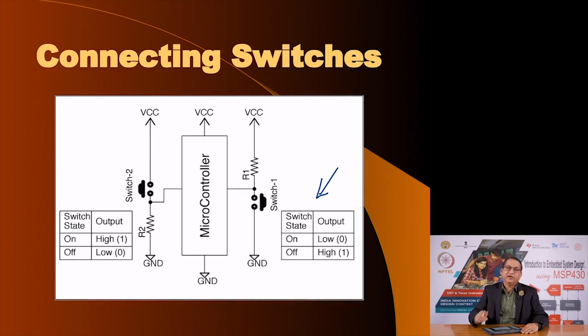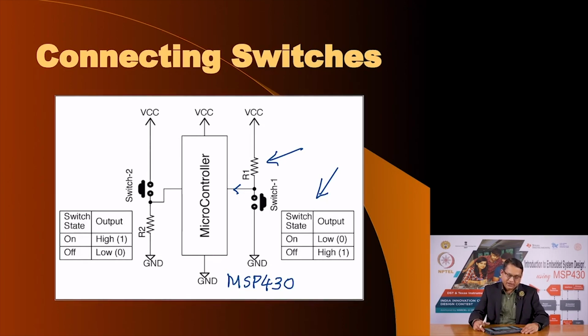To translate these 2 states of the switch, we have connected an external resistor, this R1, and the junction of the resistor and the upper terminal of the switch is connected to an input pin, in this case of a microcontroller. This could be an MSP 430. We have started talking about MSP 430 in previous lectures. So, this could be one of the port pins.